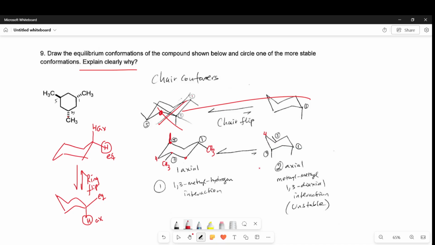Whatever was the leg of the chair now becomes the back support of the chair. So this is number 4. So this CH3 is now axial. Carbon number 3 now, the methyl is now axial. This number 5 is equatorial. This CH3 is now axial.